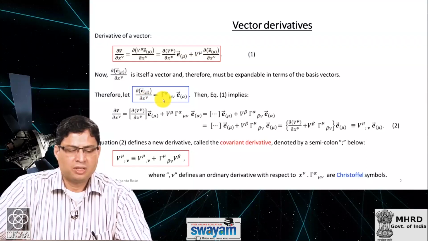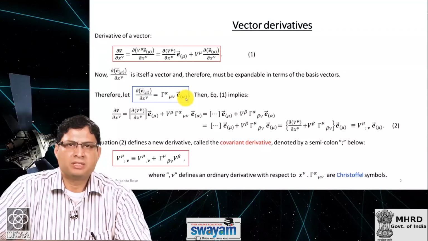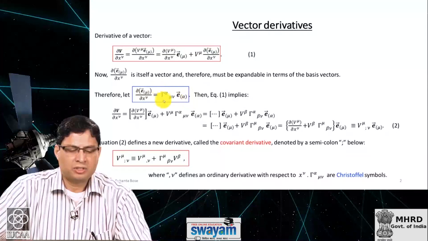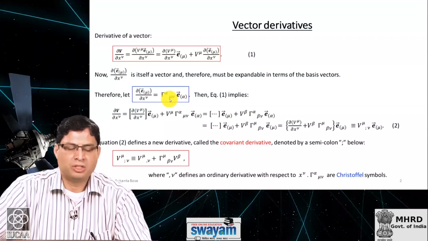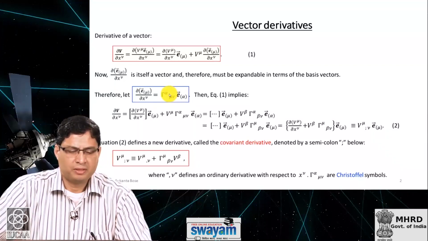In that case, you can expand such a derivative in general in terms of all of the basis vectors, so E0, E1, E2, E3, and the Christoffel symbols that will allow you to interpret this derivative will have mu set to 0, the time coordinate, and nu set to 1, representing the x derivative. The alpha here will be summed over. So alpha will also, in step with the basis vector, go from 0 to 3 in steps of 1.